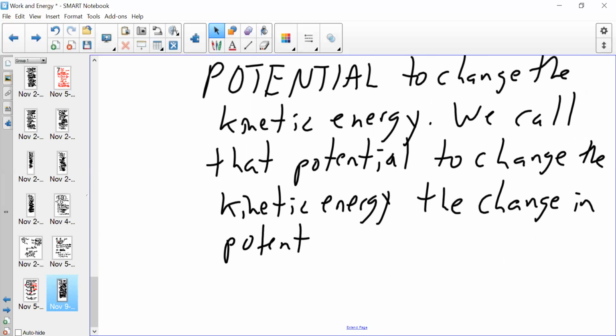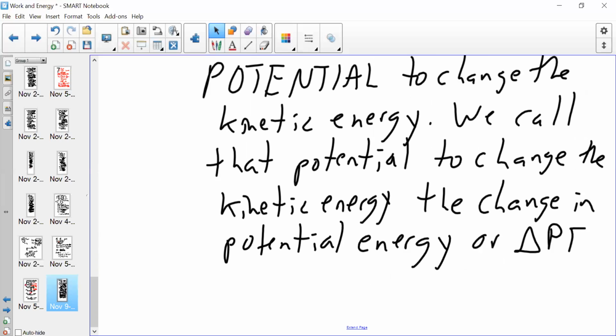We will see why even further in a moment. But this is the definition I'm going to give to you right now, the stipulation. So we call that potential to change kinetic energy the change in potential energy, or delta PE, like kinetic energy is delta KE, potential energy is going to be PE or delta PE in this case.